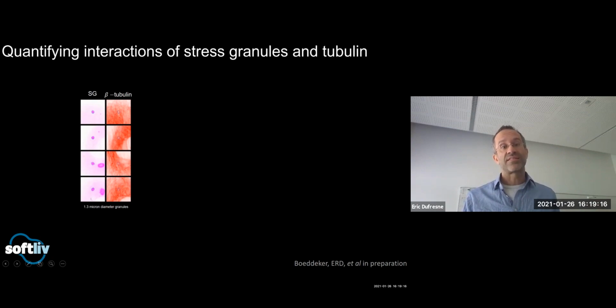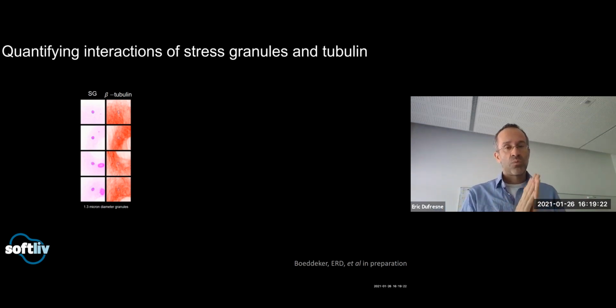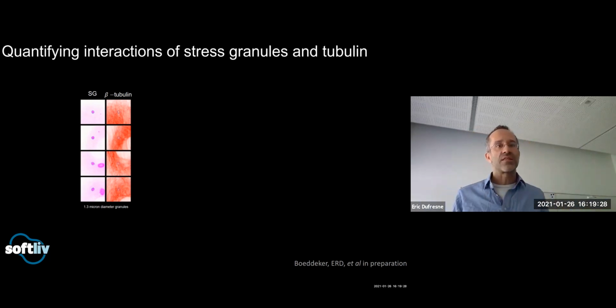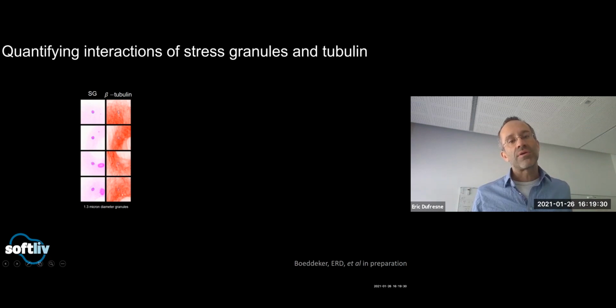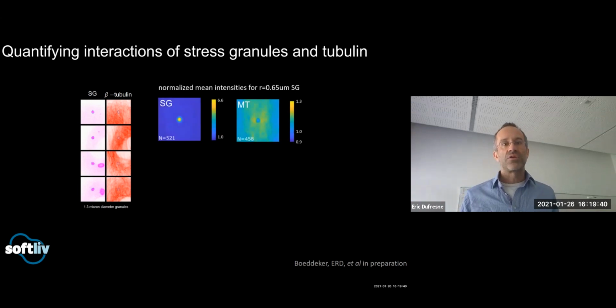On the left, you can see four examples of stress granules that have a diameter of about 1.3 microns. We have three-dimensional confocal stacks, so we've located these things in 3D. But we can also image what's happening to the filament channels in the cell in the same exact location. And we can ask statistically, how are these structures related to each other?